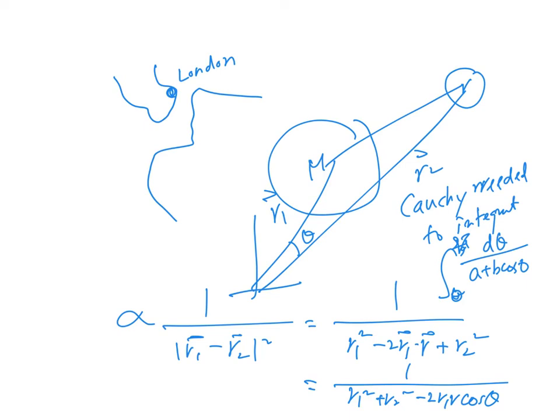So if you can calculate this integral, then you can tabulate. A and B are of course complicated numbers depending on the distance between Earth and London, Paris, and the particular date and time, because the Moon is circling around the Earth. So it's a complicated number, but once you can calculate this, then you can estimate the tidal force.